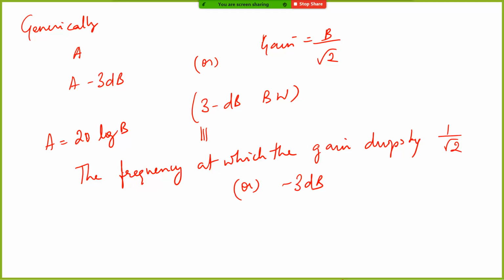Is it clear? So mathematically it turns out that the 3 dB frequency for a single pole system, keep that in mind, if you have multiple poles, it's a different story. So for a single pole system, your 3 dB frequency is nothing but your pole location, which is nothing but 1 by 2 pi RC, which is nothing but 1 by 2 pi times the time constant tau.